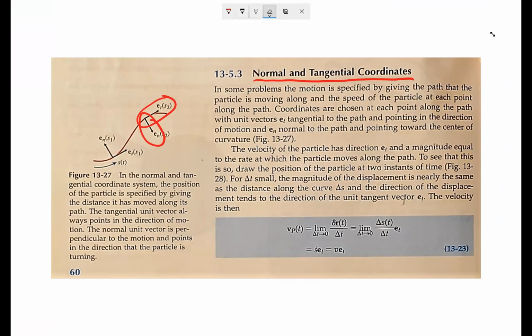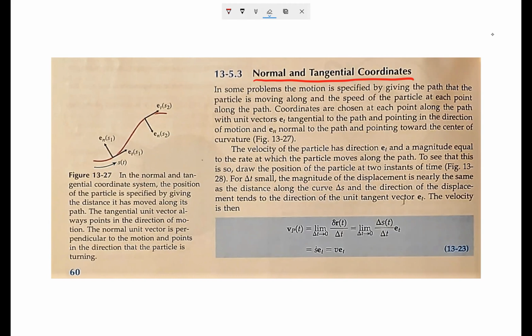For this first diagram, figure 13-27, they are talking about a position, so they're using S of t as a position. In the normal and tangential coordinate system, the position of the particle is specified by giving the distance as it moves along the path.